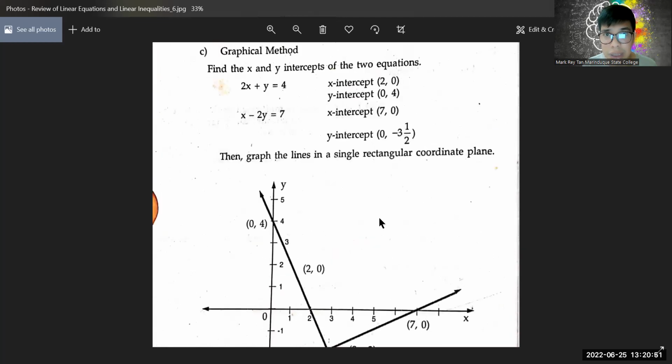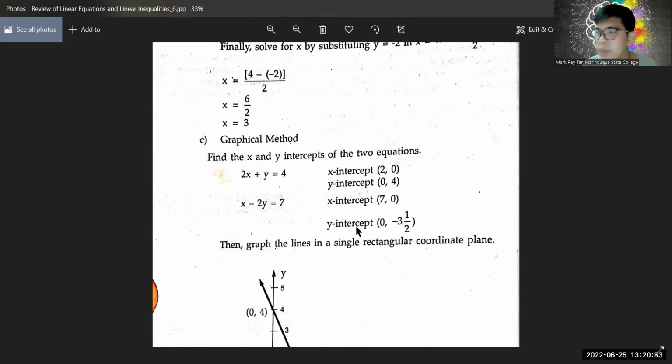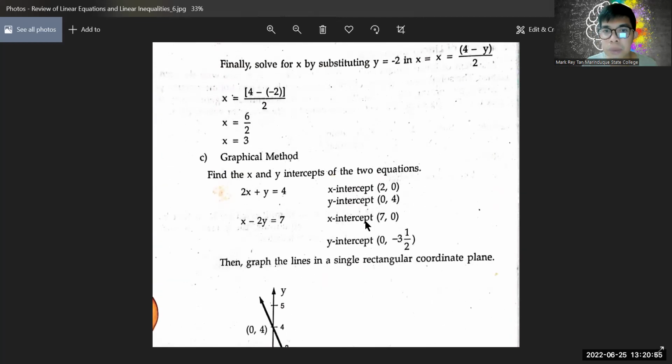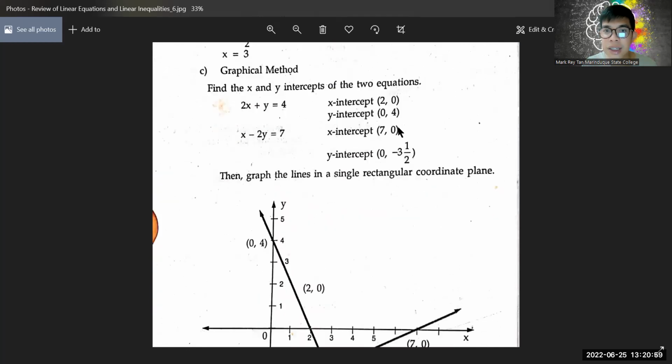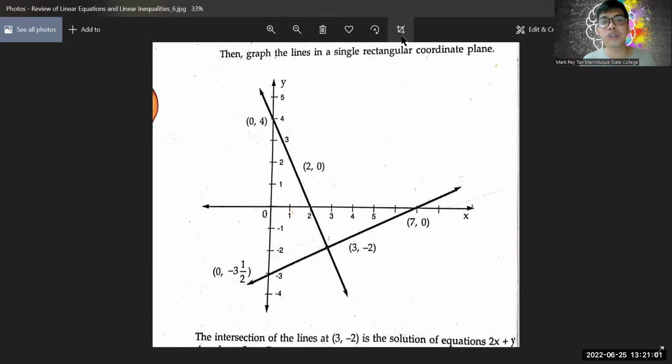So, ngayon, dito class, ang kaibahan nito sa linear equations in two variables is dalawa yung pinlot natin. 'Di ba sa linear equations in two variables, ang solution set natin is yung buong line, at lahat ng points on that line. In this one, ang solution lang natin is the intersection of the two lines.